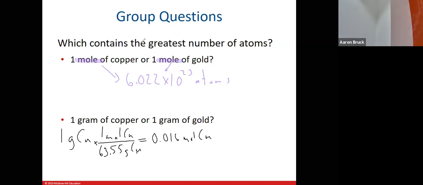I compare that to gold, 1 gram of gold. Every mole of gold weighs 197.00 grams.